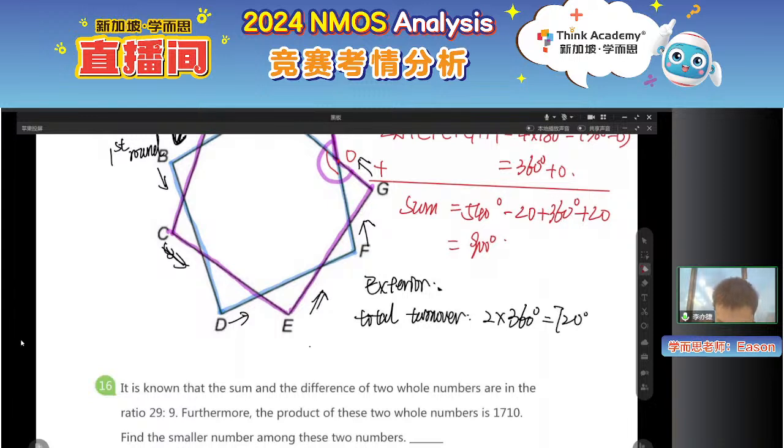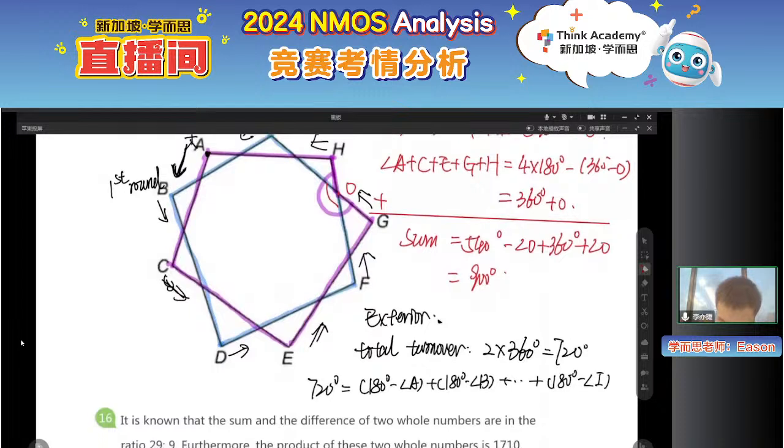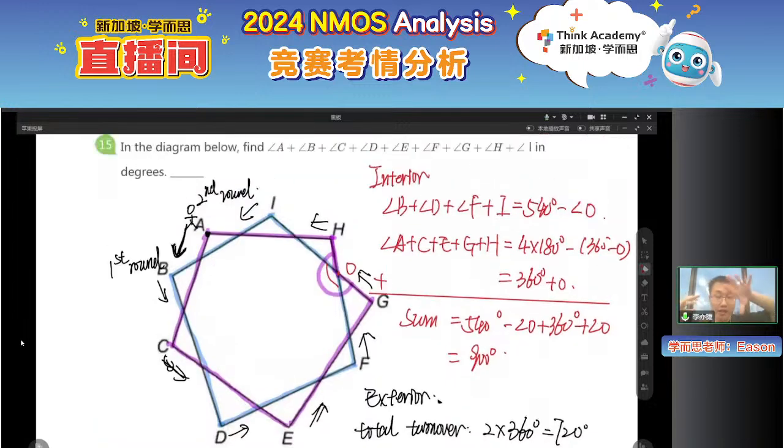Which means 720 equals the sum of 180 minus A, 180 minus B, up to 180 minus I. So which is 9 times 180 minus the sum of A to I, which means A to I would become 900. Yeah, so exterior angle is also okay. You just need to count how many rounds you turn.